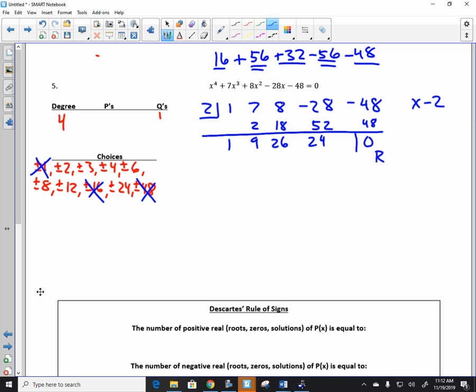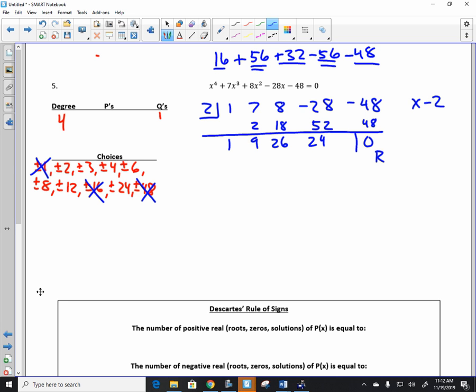They are positive. And if they're all positive, what kind of numbers can I use? You can't use positives, can you? Because if you plug in a positive, you're just going to get another positive. You're going to have to try a negative. What's the first negative you like to try?